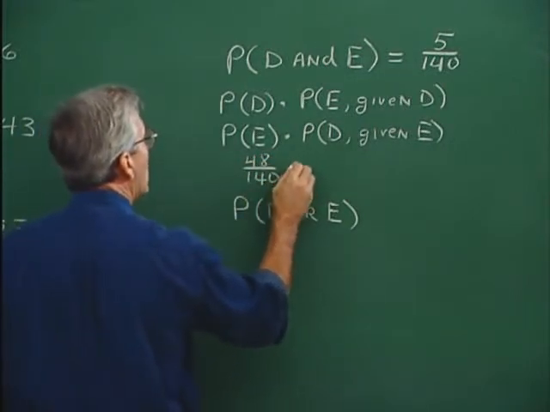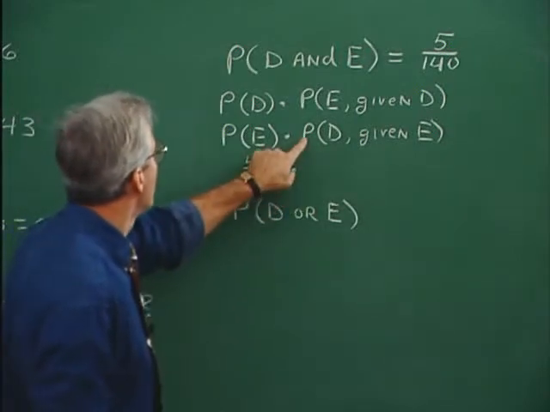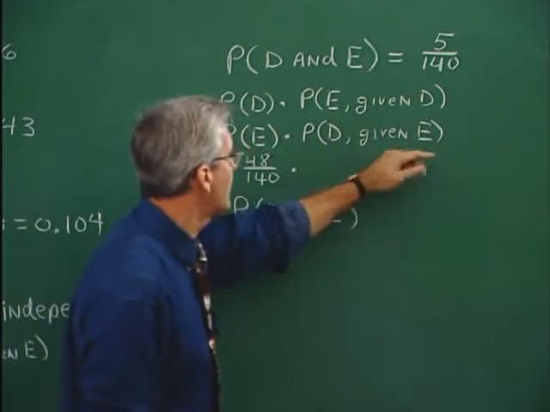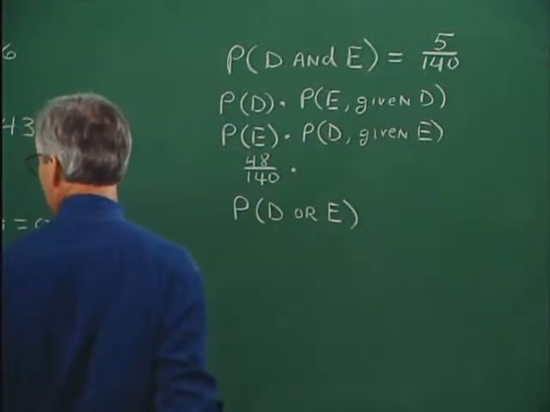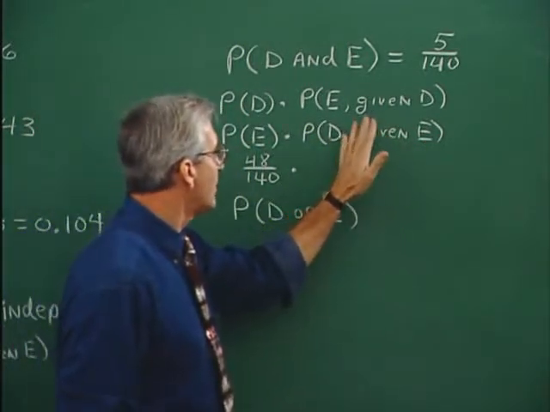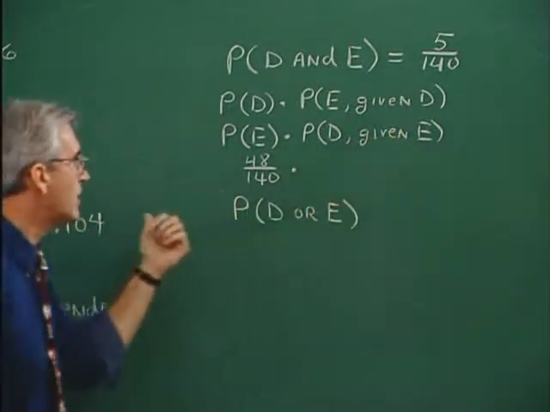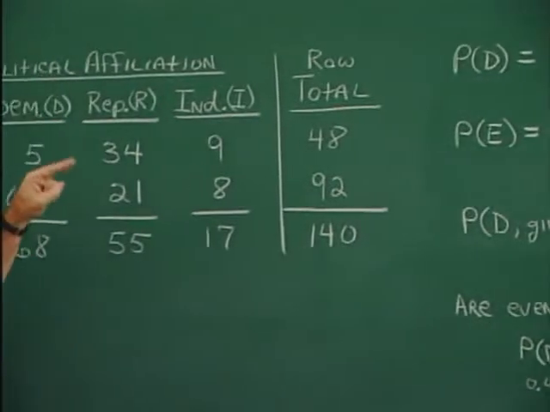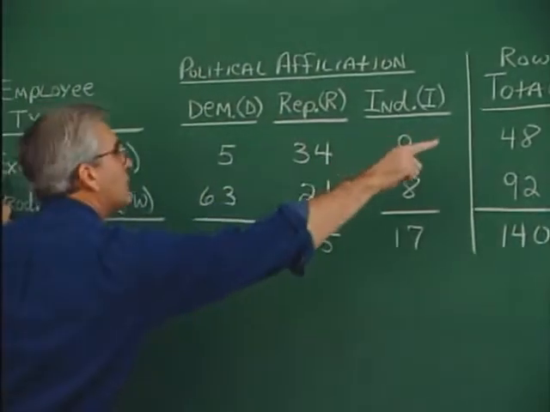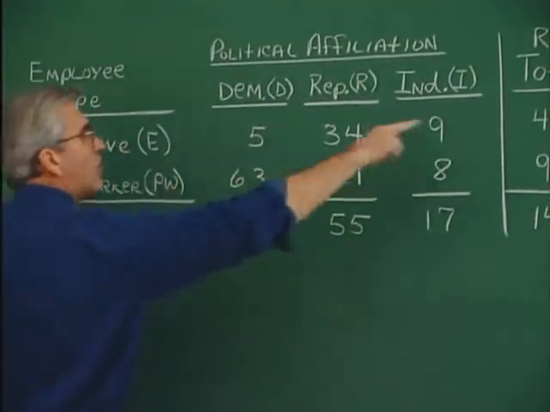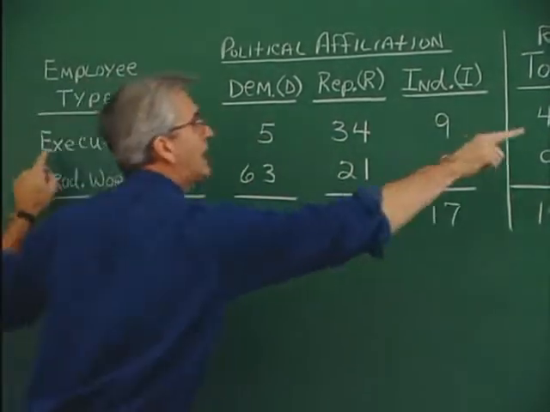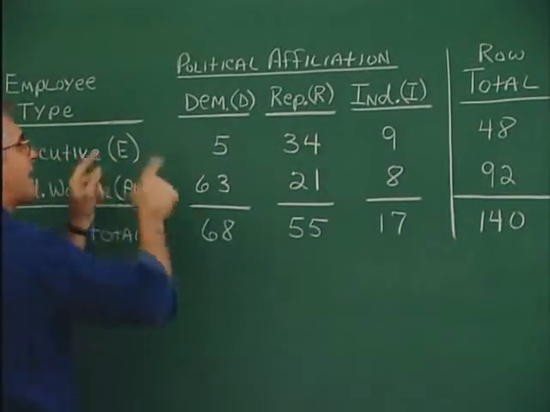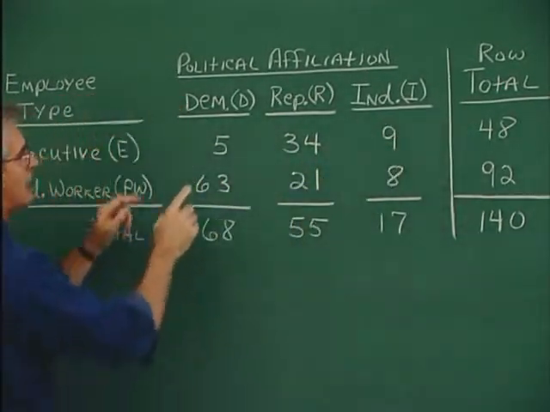All right, now, what about this part? This is the tricky part. The probability of Democrat given executive. Now, we actually calculated that earlier as well, but let me just rehash that a little bit with you. Come on back over here. Let's go to the chart. And we want Democrat given executive. So given, we have a constraint or a condition on the probability here. Given executive, we know we've got an executive. Now, what's the probability that that executive is a Democrat?